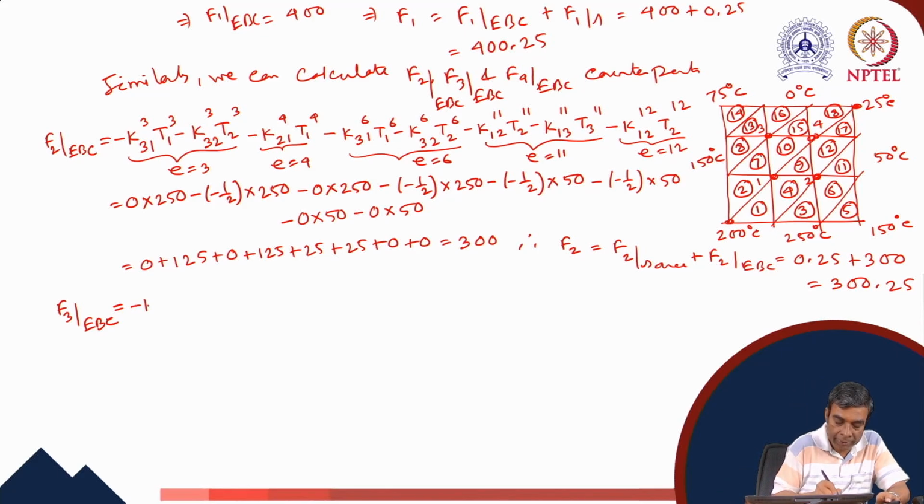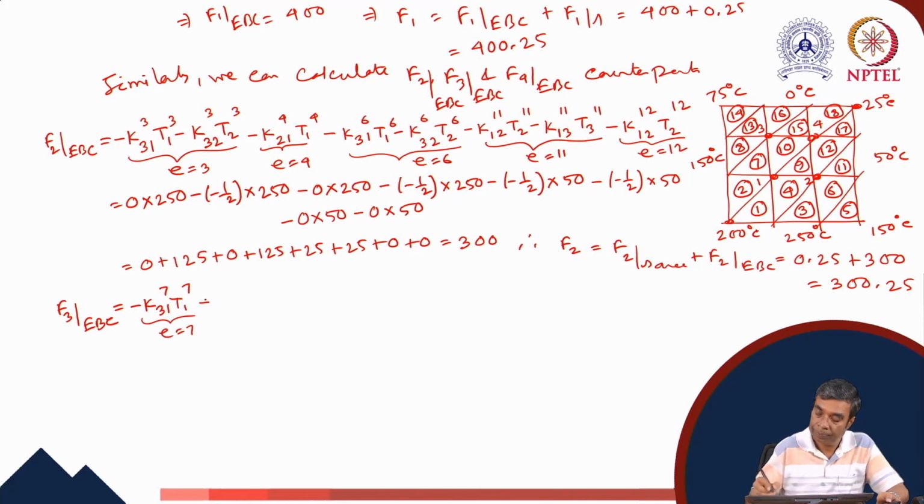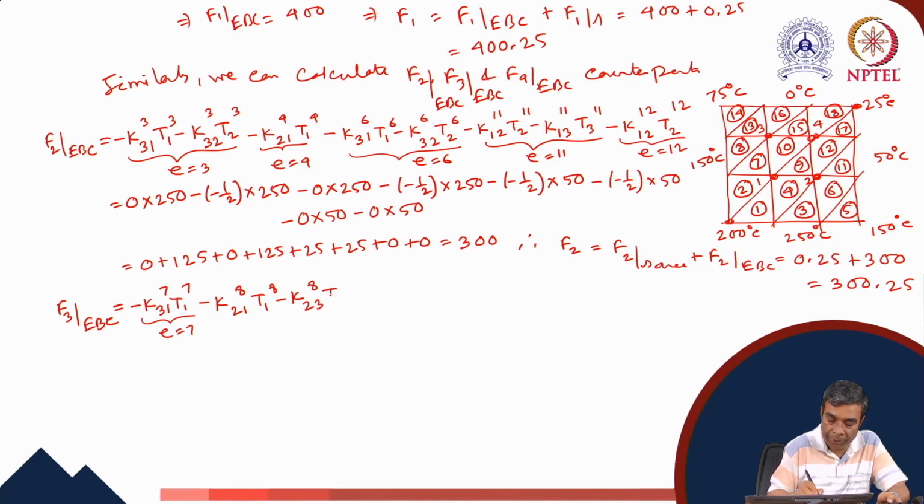So minus K317 T17, where E equals 7. Minus K218 T18 minus K238 T38. This is from E equals 8.